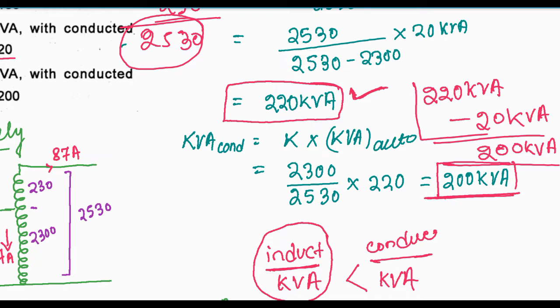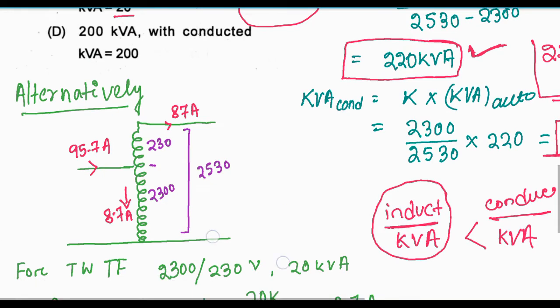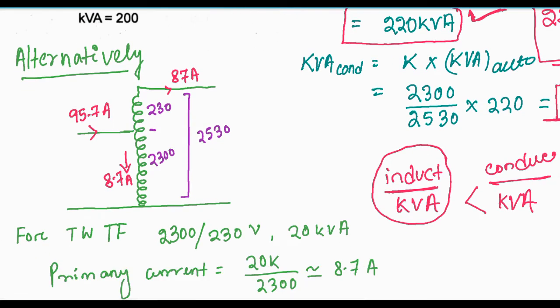If we don't remember the formula, what can we do here? We have to draw the circuit diagram of the auto transformer. This is the secondary part, which is divided into 2300 and 230, and in total it makes 2530 volt, and the primary is 2300 volt. Here we have to calculate the currents.